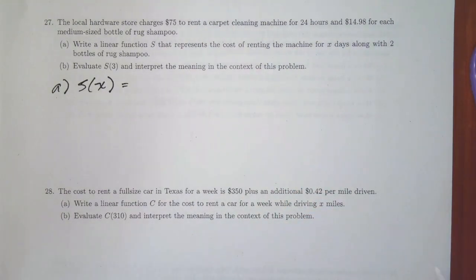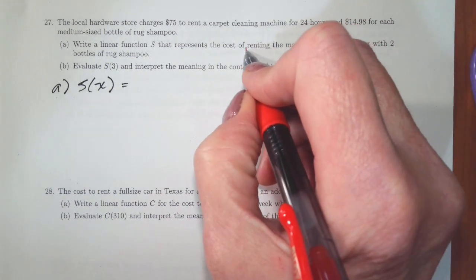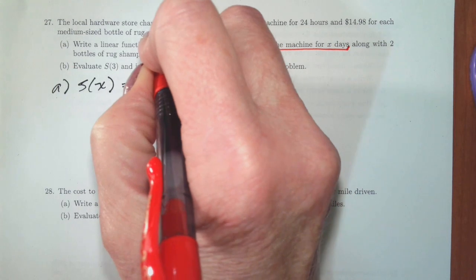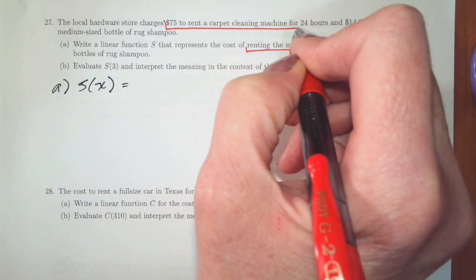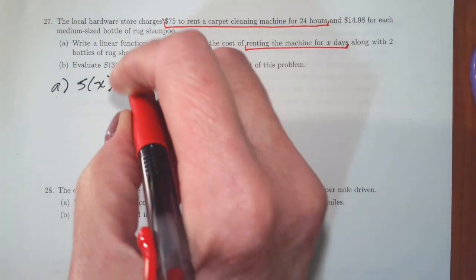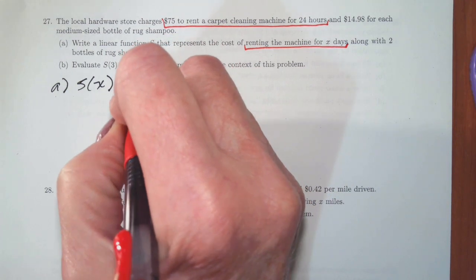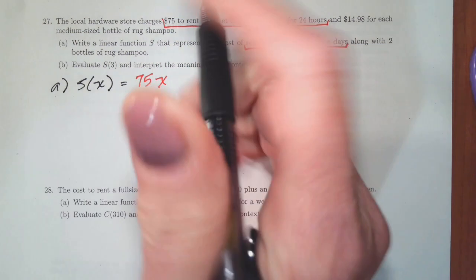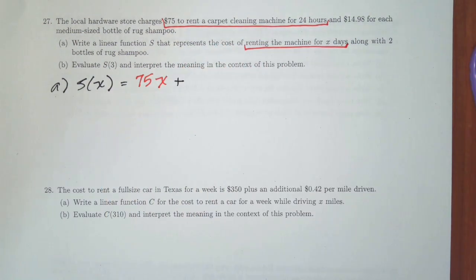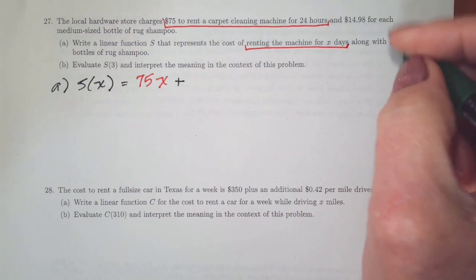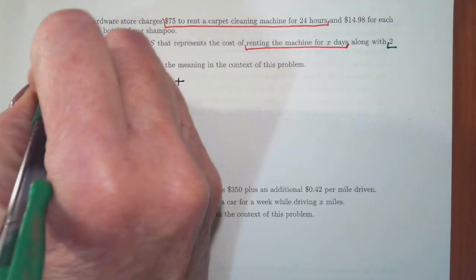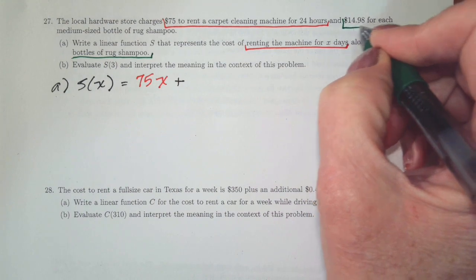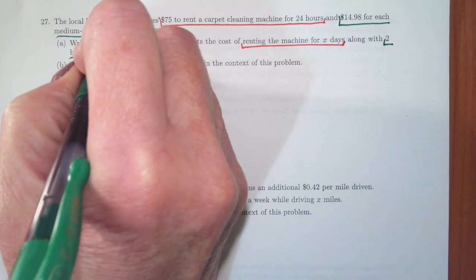Okay, so renting the machine for X days. Well, it's $75 for 24 hours. So that's going to be 75X, plus 2 bottles of rug shampoo, and they are $14.98 for each bottle.